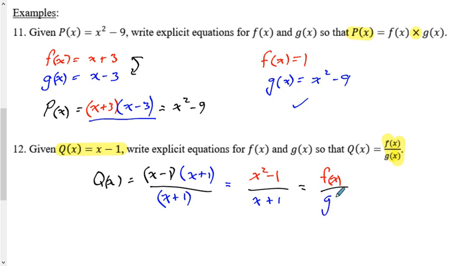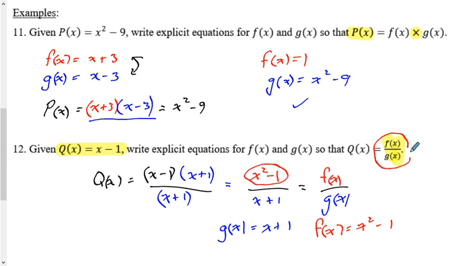So is g of x x plus 1? Yes, it is. Is f of x x plus 1? No. F of x is x squared minus 1. This entire function has to be my f of x function because of how this is written here. My entire numerator is that f of x function.